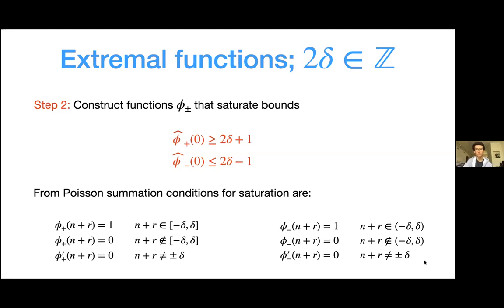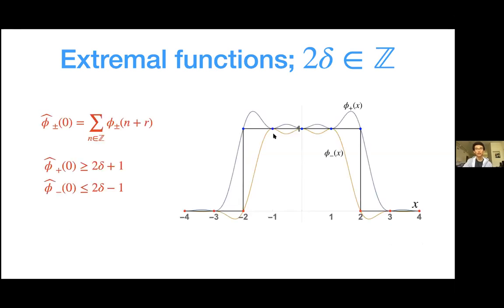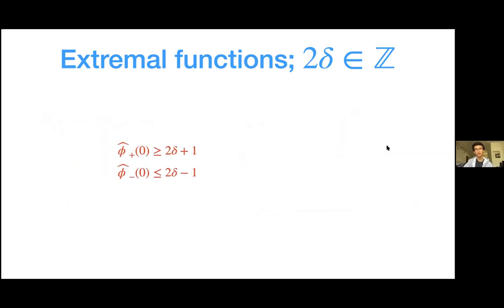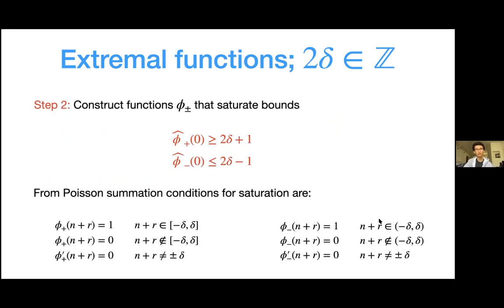I've written them down here, but essentially these functions phi plus minus are 0 outside of the interval at integer points, and they are 1 inside of the interval at integer points, and the derivatives are also 0 at these points, except for the edges. So these are the conditions you need to satisfy.